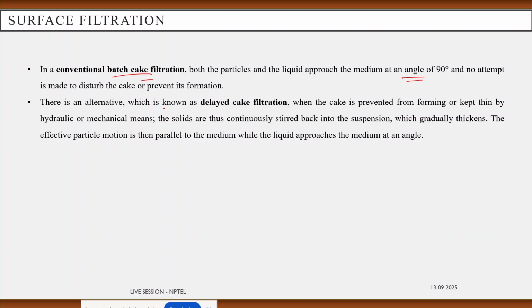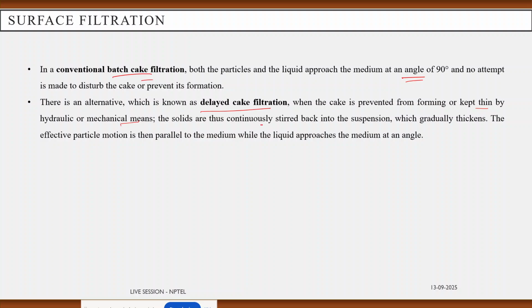There is an alternative way, which is known as delayed cake filtration, where the cake is prevented from forming, or kept as a very thin layer, by hydraulic or mechanical means. We may use some scraper so that it always forms a very thin layer, not a pile or a big thick layer. That is what is known as delayed cake filtration.